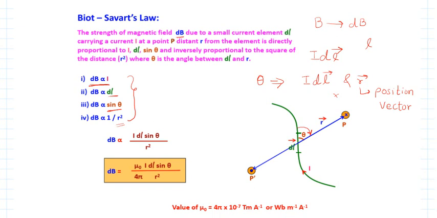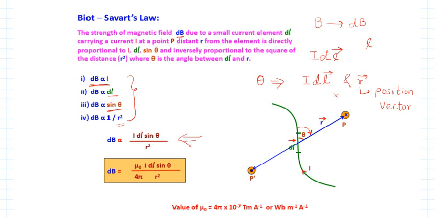That is why we need to combine the whole thing with reference to this law. So combining this entire proportionality, the relationship would look like this: dB is proportional to I dl sine theta over r squared, right? Now every proportionality has a constant of proportionality that we know. Over here the constant of proportionality is mu naught over 4 pi.